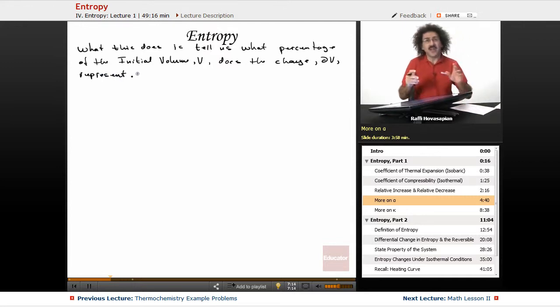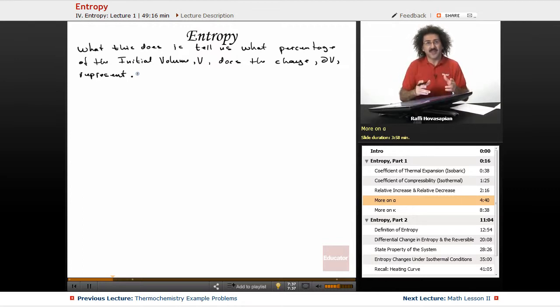In other words, if I had 10 milliliters of something, and if I heated that up, and now the new volume is 11 milliliters, well, the change is 1 milliliter. It went from 10 to 11, so that's 1. Well, if I divide that 1 by the initial amount that I started off with, which was 10, I get 1/10. So that gives me the percentage, which means the volume increased by 10%.